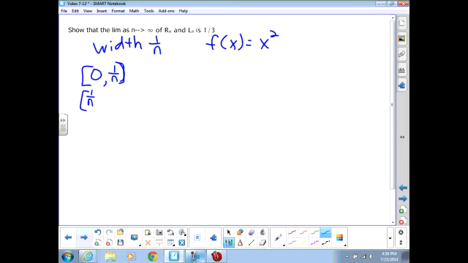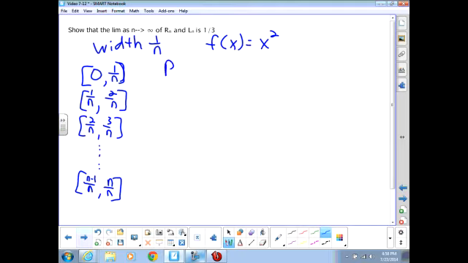Next, from 1/n to 2/n. Next, from 2/n to 3/n. And that keeps going all the way to (n minus 1)/n, comma n/n. So n minus 1 is saying if we had 20 rectangles, it's going from 19/20 to 20/20.